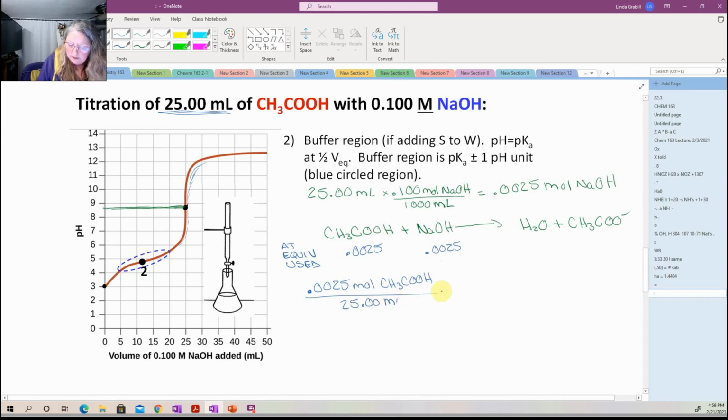I need to convert that to concentration because I want to be able to use Henderson-Hasselbalch in that region. So to convert that to a concentration, 1,000 milliliters per 1 liter. And so what's that get me? 0.001, I believe. It's either 0.001 or 0.1.